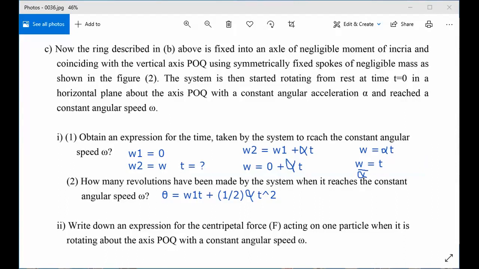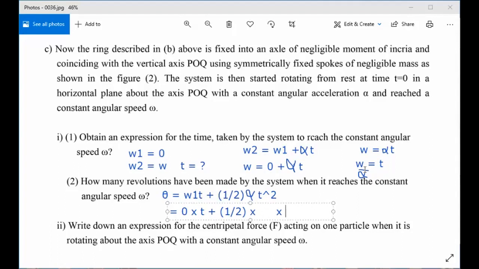So what is it here? Theta equals omega 1, which is 0, times t, plus half alpha, and what is t, dear?